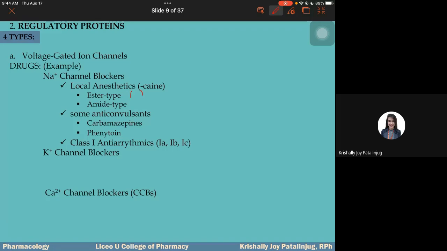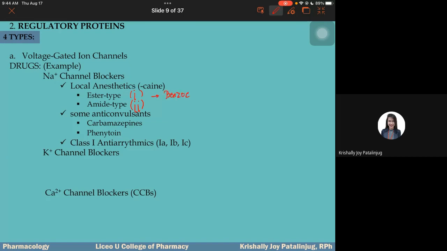To easily identify if it is ester or amide type based on their name, you can check the number of letter I. Most of the names of local anesthetics that fall under the ester type have only one letter I, whereas for the amide type, most of them have two letter I. So I will give an example.